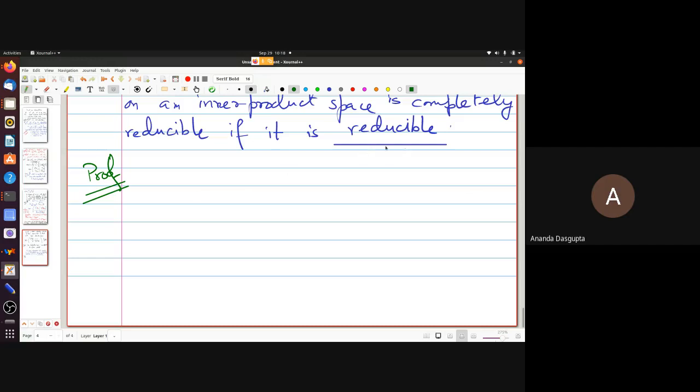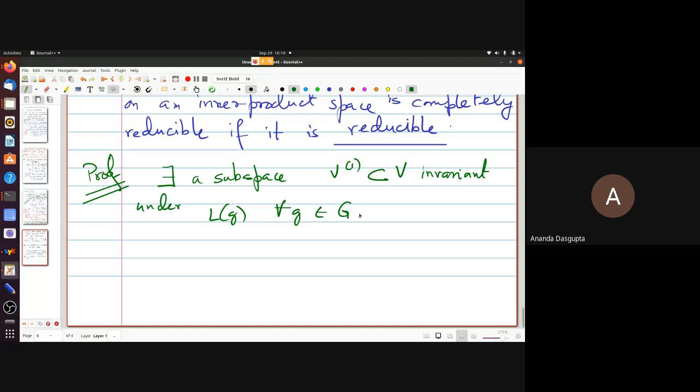Of course, when you are saying it is reducible, that means if your representation is on a vector space V, there must exist a subspace V1 of V invariant under LG for all small g belonging to capital G. Is that okay? That's what reducibility means, right? There has to be an invariant subspace. Okay, invariant, that actually is a non-trivial invariant. That's something which I may not remember to say every time, but that's important.